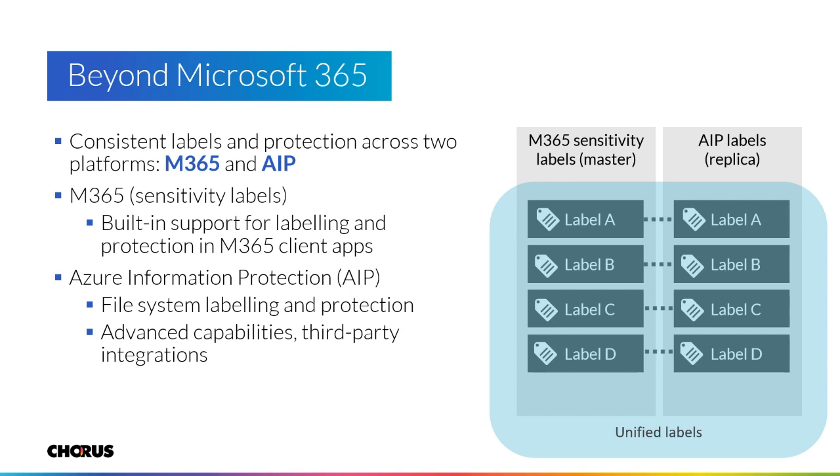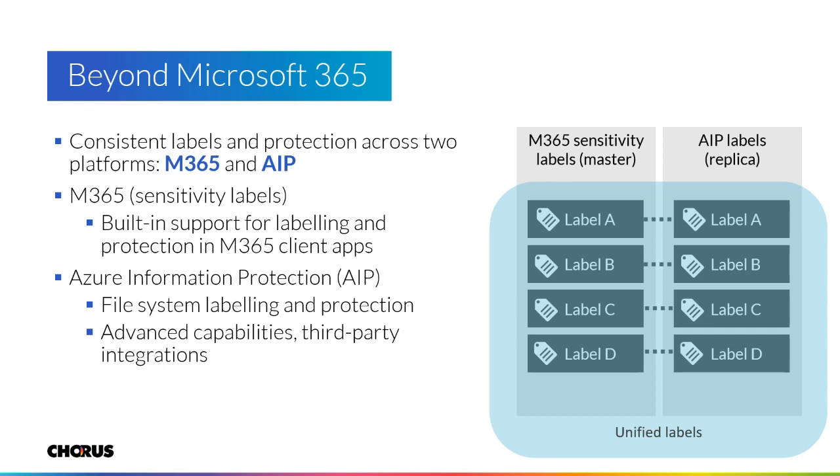The classification that you get through sensitivity labels is really quite joined up. It's integrated with Azure Information Protection. So you may hear the term MIP labels or unified labels as alternatives to sensitivity labels.